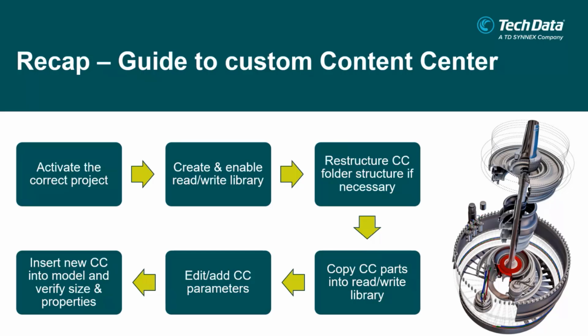Copy Content Center parts into the read-write library, so in your new read-write library, copy the Content Center parts into the locations. Edit and add Content Center parameters. Then insert your new Content Center part into the assembly, place it, and verify the size and the properties are all correct according to what you added earlier.